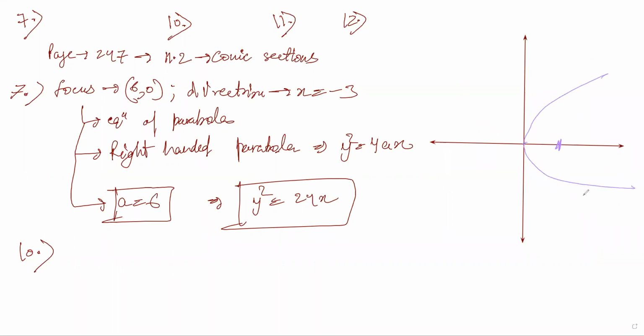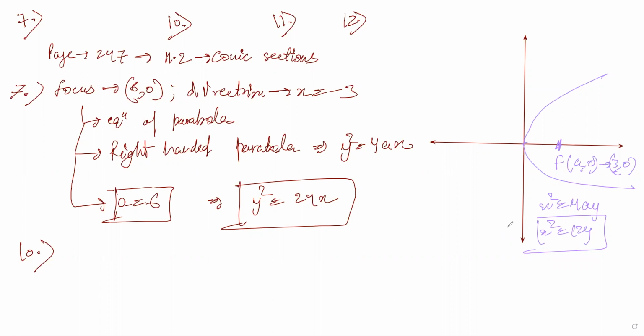And a right-handed parabola is y square is equal to 4ax, and the focus is (a, 0), which is (3, 0) in this case. So this is y square is equal to 12x. And the last one, the 10th one, is downwards and the equation would be y square is equal to minus 8x, right? y square is equal to minus 8x.